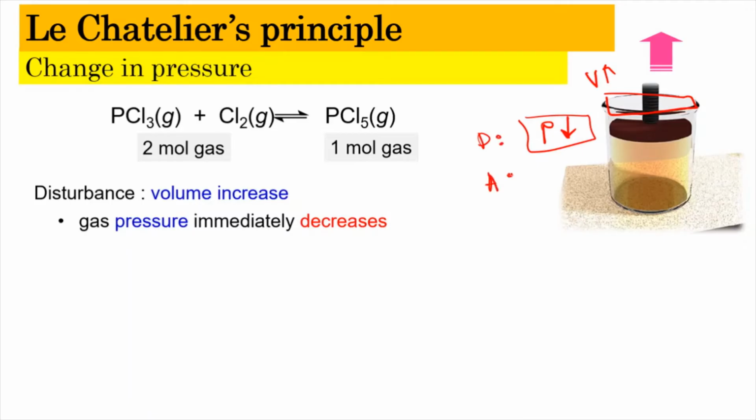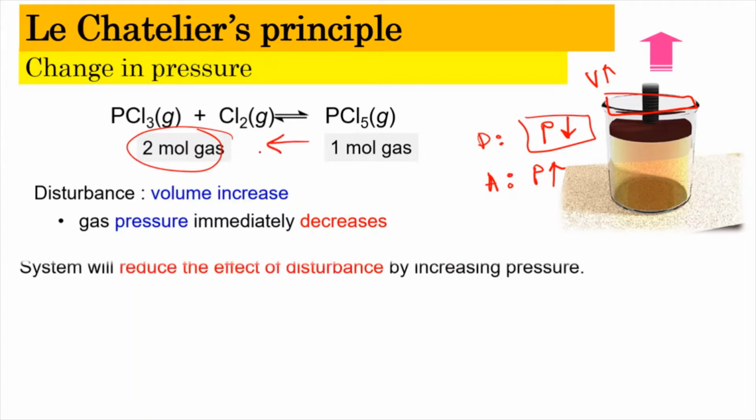And for our action, according to the Le Chatelier principle, we need to increase back the pressure. So how can we increase the pressure? We need to shift to the higher number of moles. So the higher number of moles here is at this position. So the position of equilibrium needs to shift to the left.